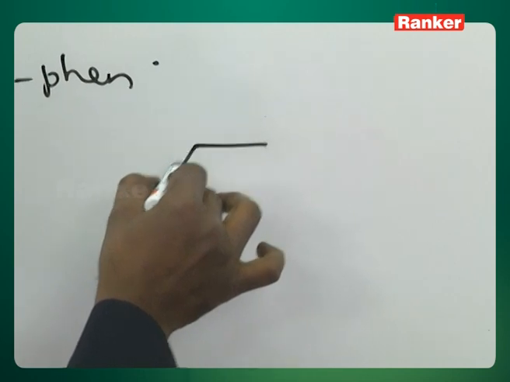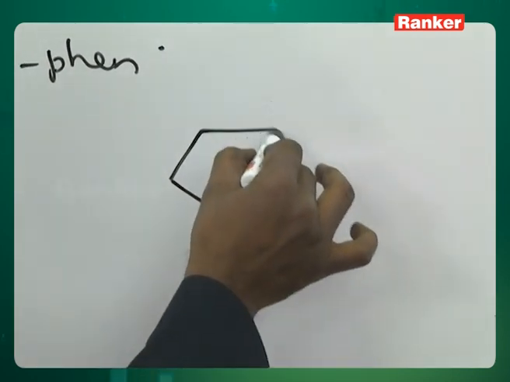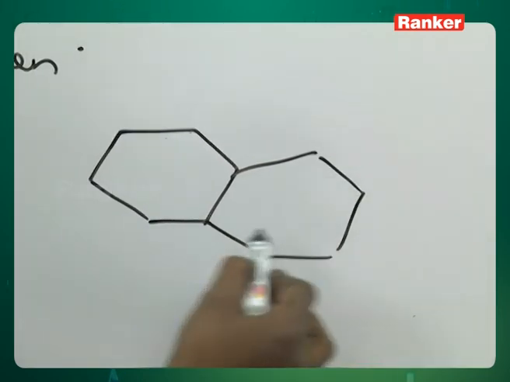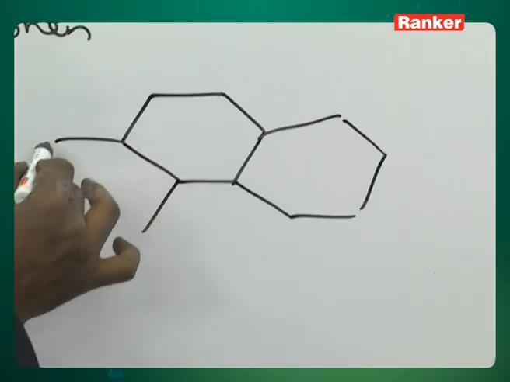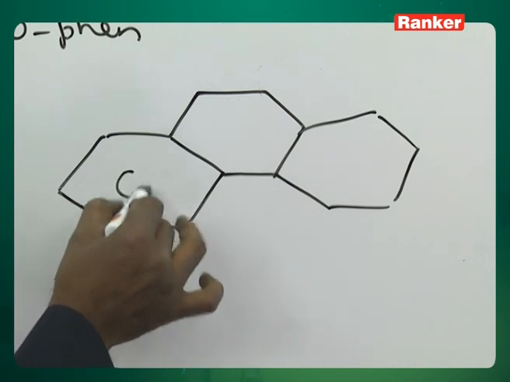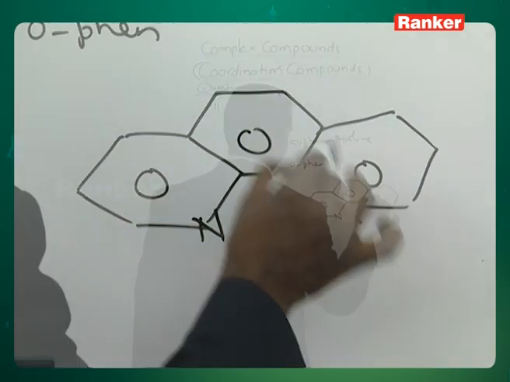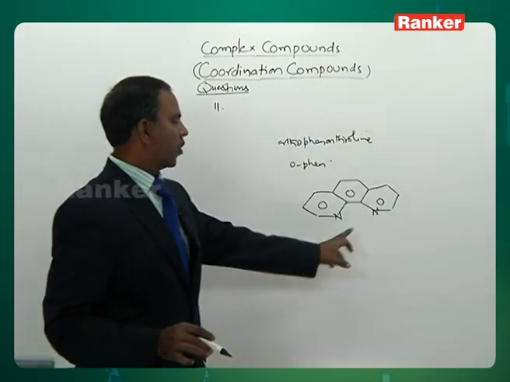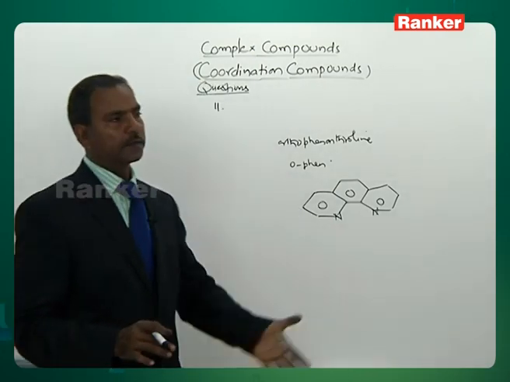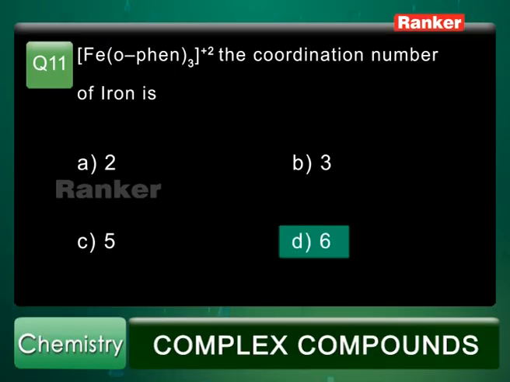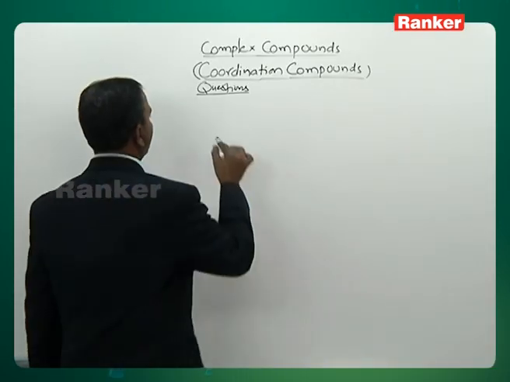This particular structure you should know. You know well, orthophenanthroline (phen) is a bidentate ligand. How many such ligands are there? 3. Each is carrying 2 donor atoms. 3 ligands, therefore the coordination number comes to 6. So the answer is D.